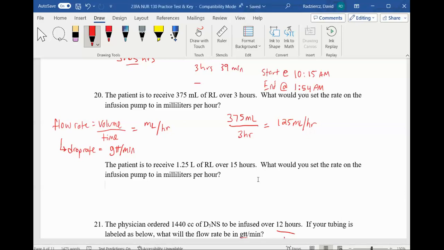See if you can come up with the milliliters per hour for the question I just typed up here, and then type it into the chat. If you're uncertain about your answer and don't want to make it public, just send it to me as a direct message. I promise I won't call you out on it. I'll give you a minute or two to solve that, and then I will be right back.